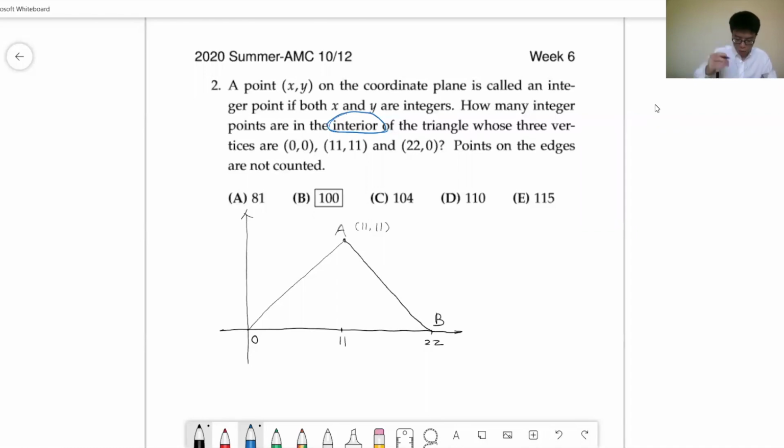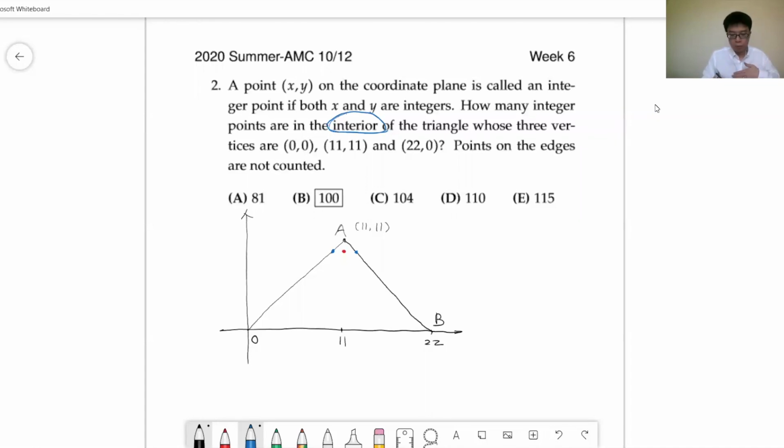So the highest integer point is the one right below A. A is 11, 11, so the point below A is 11, 10. And the neighboring points are on the boundary, say 10, 10 or 12, 10. So we don't count these blue points. We just count these red points.